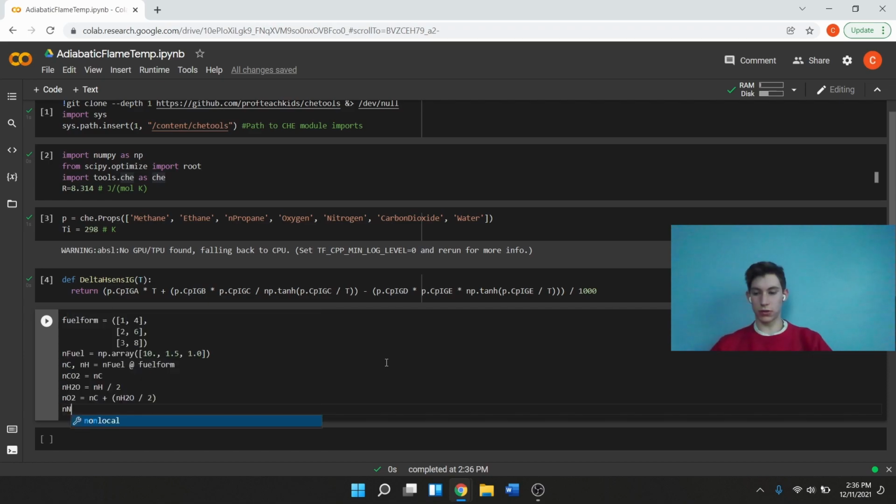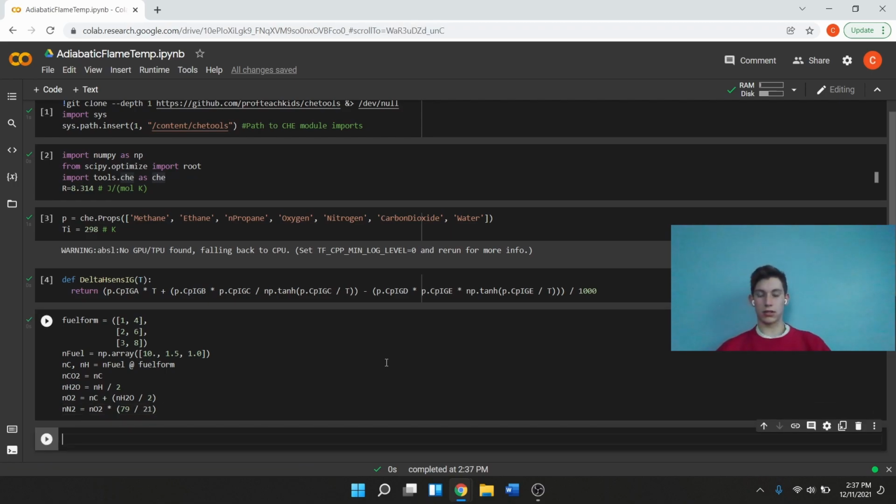And then finally, the moles of nitrogen were just the moles of oxygen times the ratio of 79/21 to represent the composition of the air mixture. So we can say that like this, and this represents all the different components of the formulas that we are using.